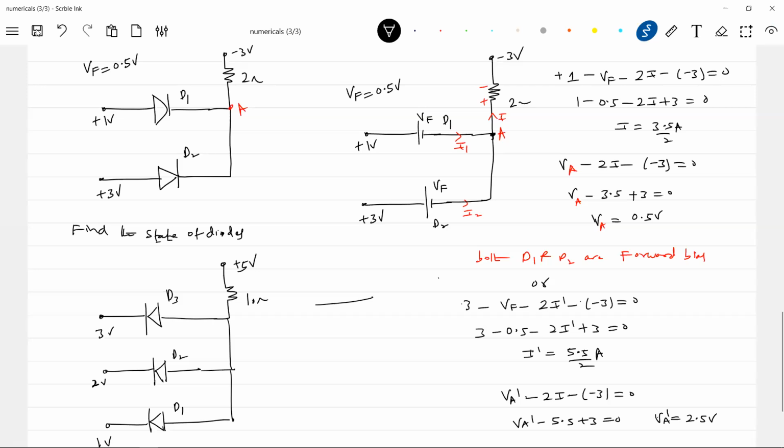So I think I'll put it in a simple way. You have one potential difference. What will be forced here? What will happen to the conditions?